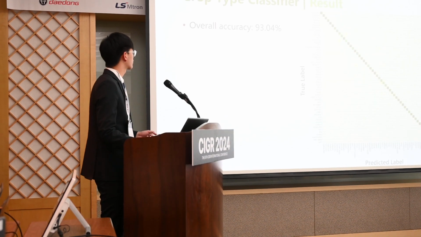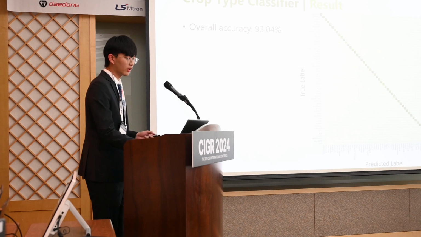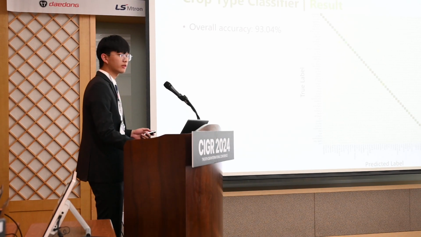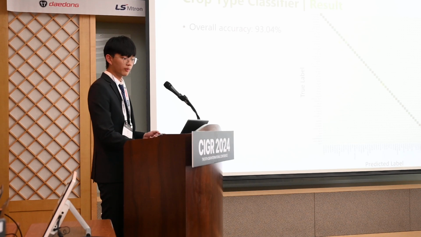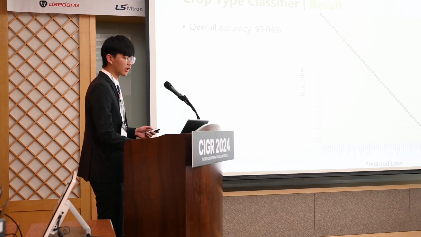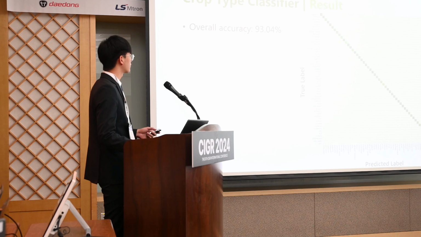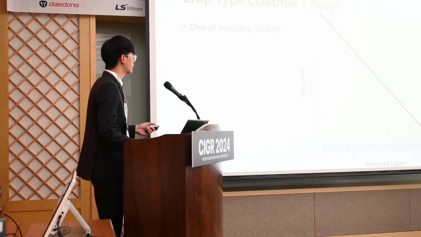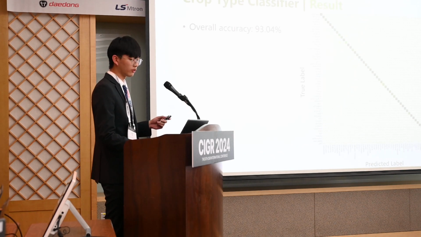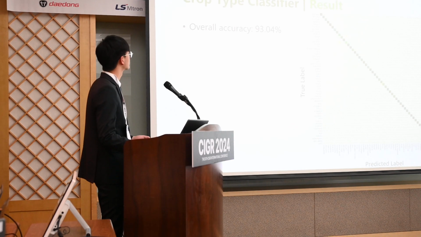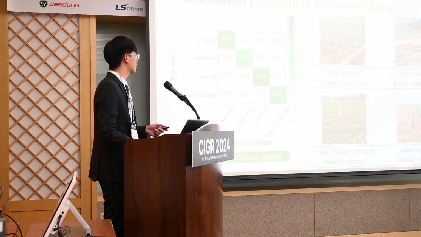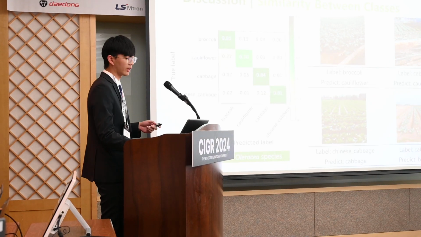For the result of the crop type classifier, the overall accuracy achieved over 93%. Most of the classes can be correctly classified, but a few are more prone to misclassification. We will take a closer look at the metrics to analyze their errors. The main issue leading to misclassification is the similarity between classes.